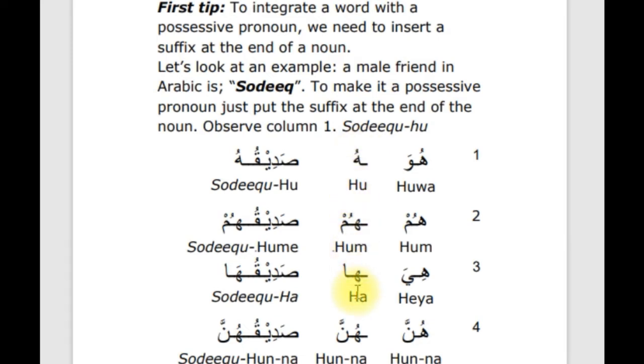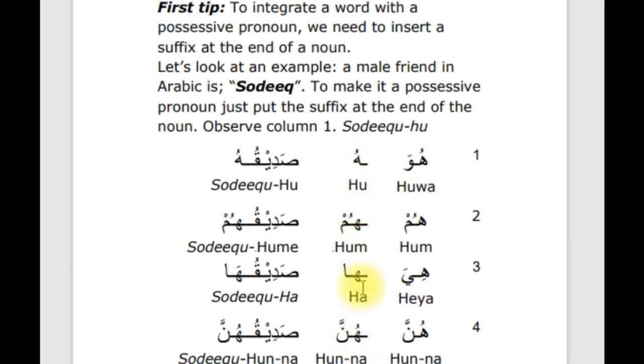The second column is the possessive pronoun. So you can't connect a word using the separated pronouns. Since Sadiq is a word, when I want to make it possessive, I need to use the possessive column.